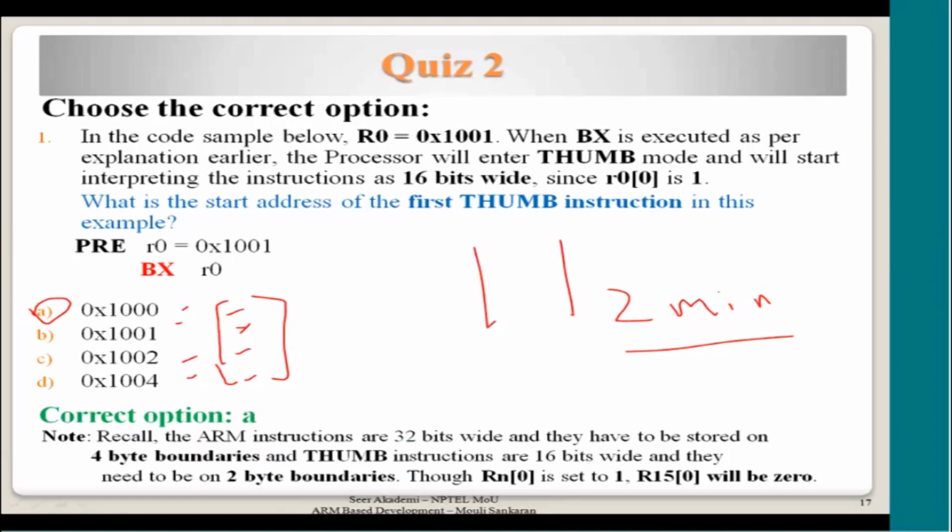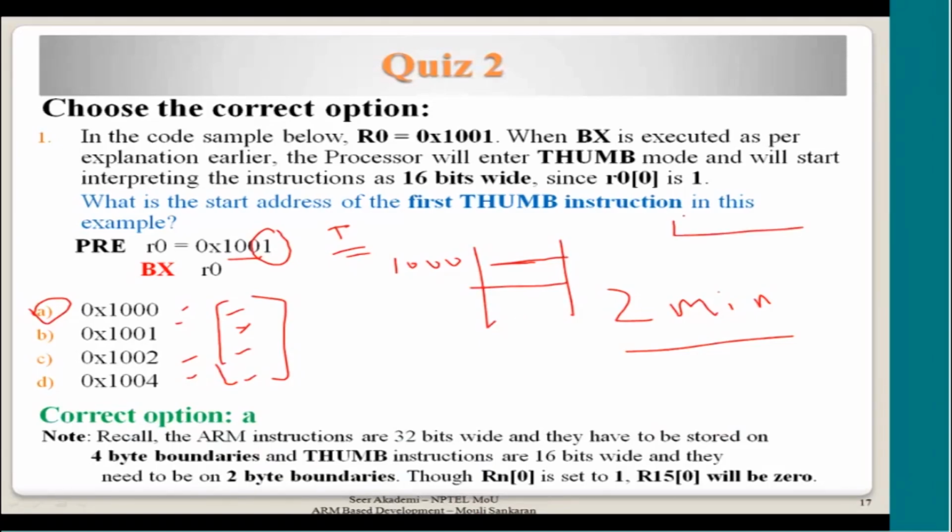Though this bit 1 is set, it is ignored inside the processor. Other than setting the mode to thumb mode, the T mode, the instruction will be fetched leaving out the lower LSB bit. Why? Because all the thumb mode instructions are 2 bytes wide.